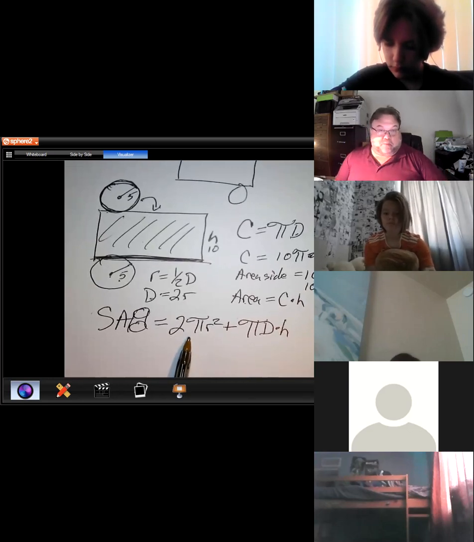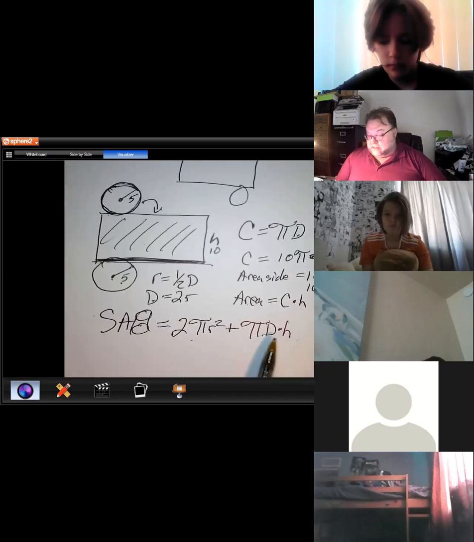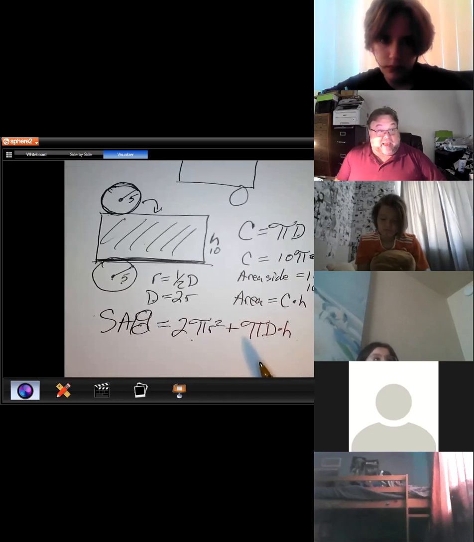Here's our circles, no big deal, right? We knew that right out the door. But then we're going to multiply the circumference times the height. And to do that, we're going to need the diameter. And this is how we're going to find the area of a cylinder. So here's our formula, right? Now we have a formula again.